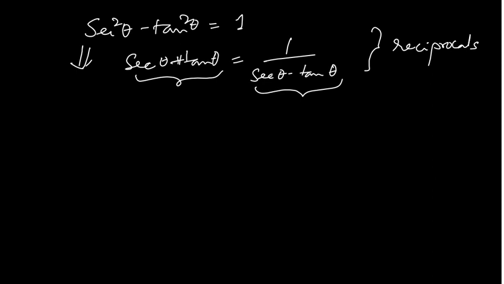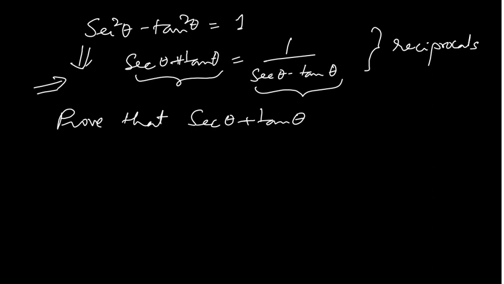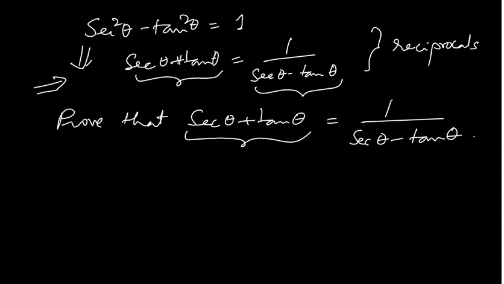That's why the second and third formulas are important as well. Let's suppose the question is directly this only: prove that these are reciprocals, or prove that secant theta plus tan theta equals 1 over secant theta minus tan theta. If this is the question, then you could go from the left side and come back to the right side. You can prove it.